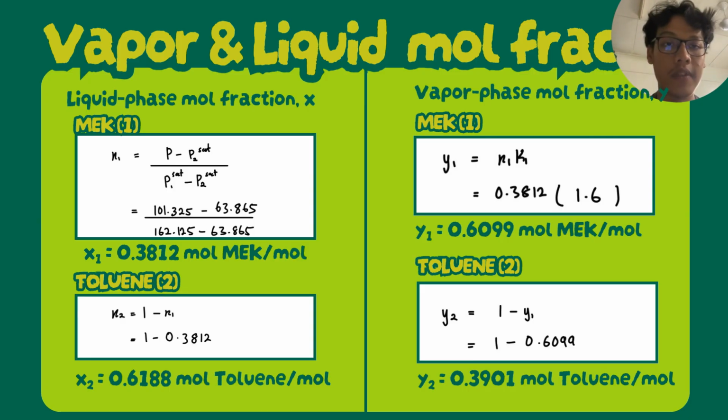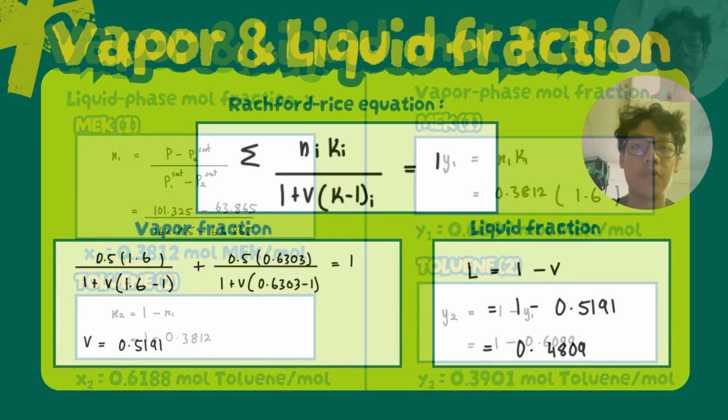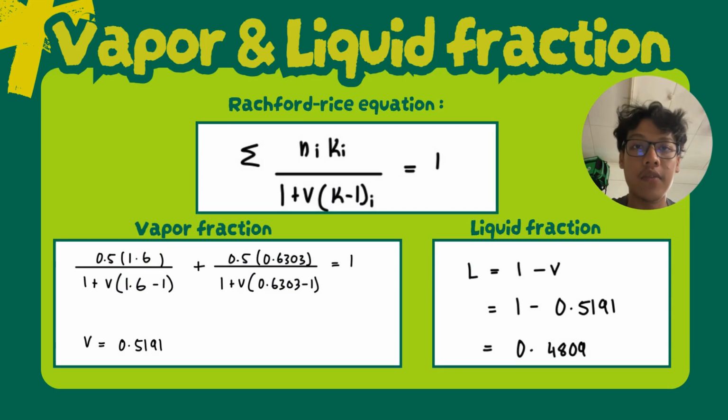For the vapor phase mole fraction, we will use the K value we found before and simply multiply it with the liquid phase mole fraction. We get the vapor phase mole fraction for MEK equal to 0.6099, and for toluene we get 0.3901. To find the vapor and liquid fraction for the system, we will use the Rachford-Rice equation.